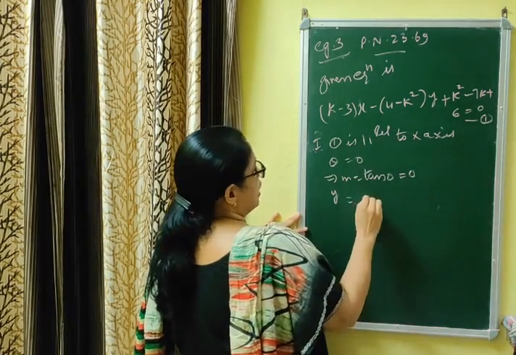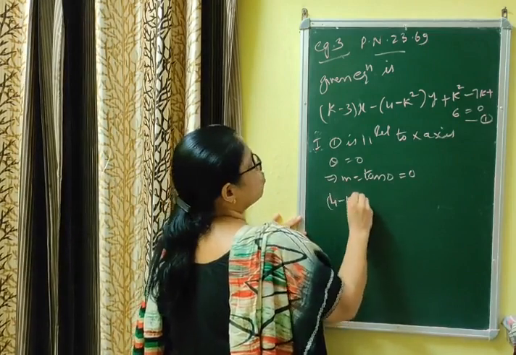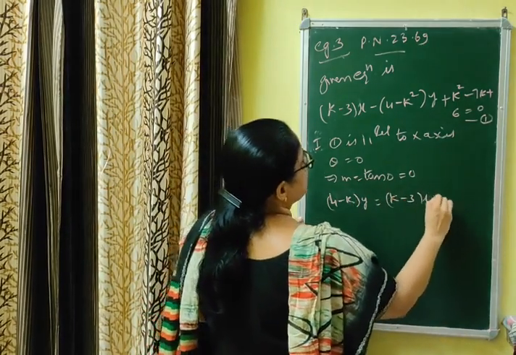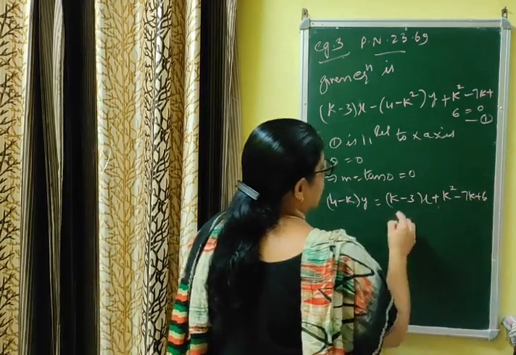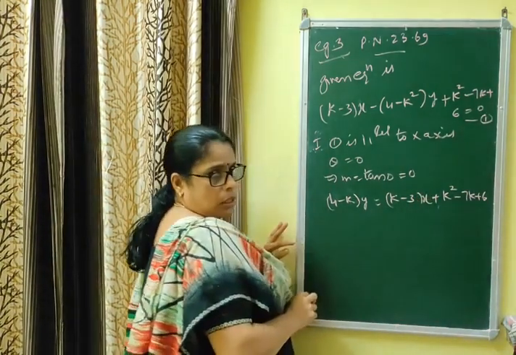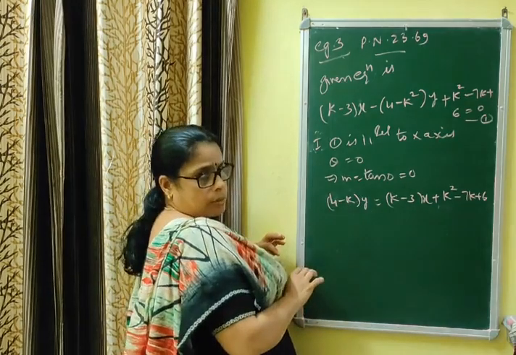First of all, let me change 4 minus k square into y is equal to k minus 3 into x plus k square minus 7k plus 6. सारे स्टेप आरडी में नहीं बताया, इसलिए हर एक स्टेप आप समझना. It is not easy to learn each and every step without doing the calculation.